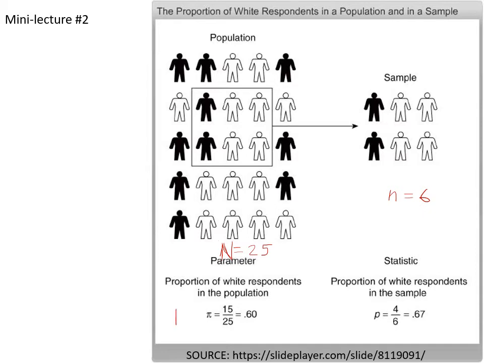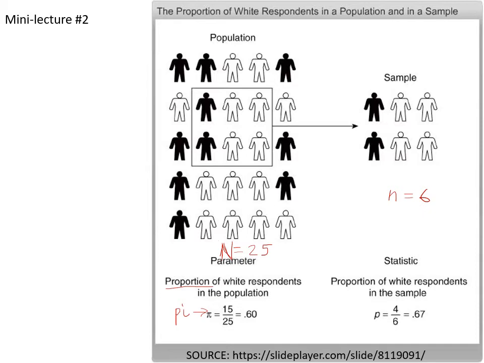So in this case, pi is the symbol they're using there, which I don't use too much except when I'm doing geometry, but pi can also be used to refer to the population proportion.